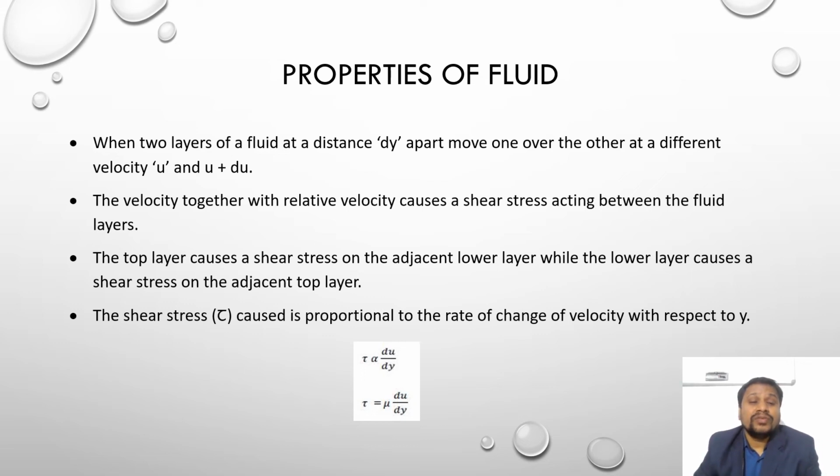So the relative velocity causes a shear stress when the fluid layers are flowing. That shear stress caused between the two layers is proportional to the rate of change of velocity with respect to y.